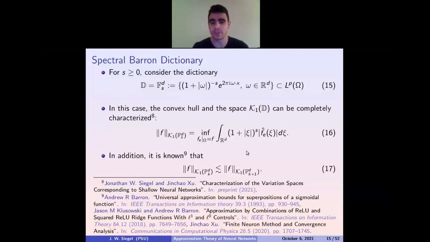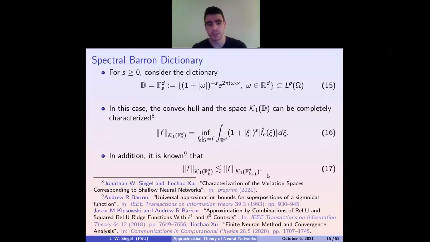Essentially the significance of this is it allows you to characterize a large class of functions that can be approximated well by shallow neural networks. If the Fourier transform of a function with a certain weighting factor is in L1, then we know that it's in this convex hull and can be approximated efficiently using shallow neural networks. So that's why this space is significant.